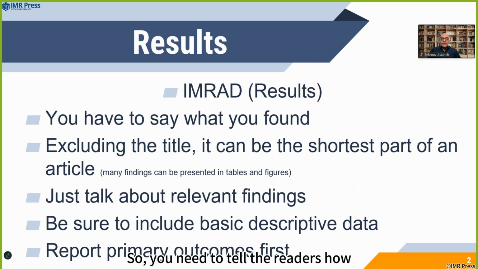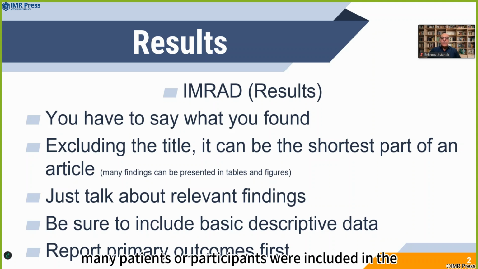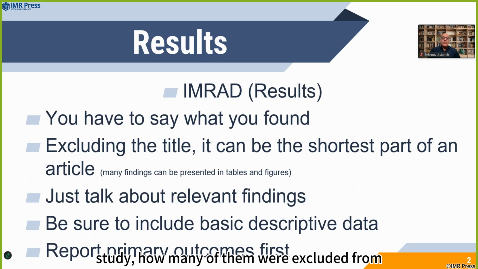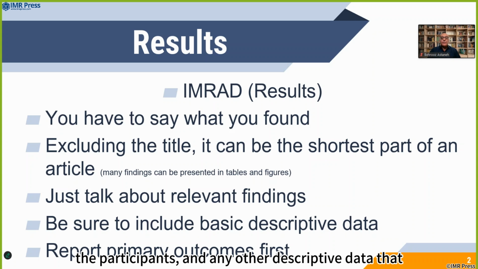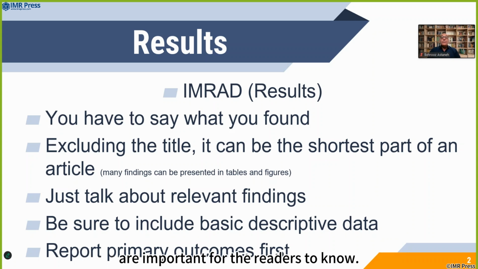So you need to tell the readers how many patients or participants were included in the study, how many of them were excluded from the study, what was the mean age of the participants, and any other descriptive data that are important for the readers to know. So this is the first thing.